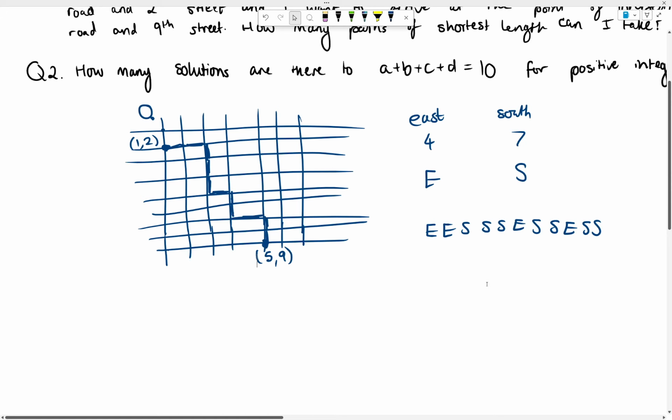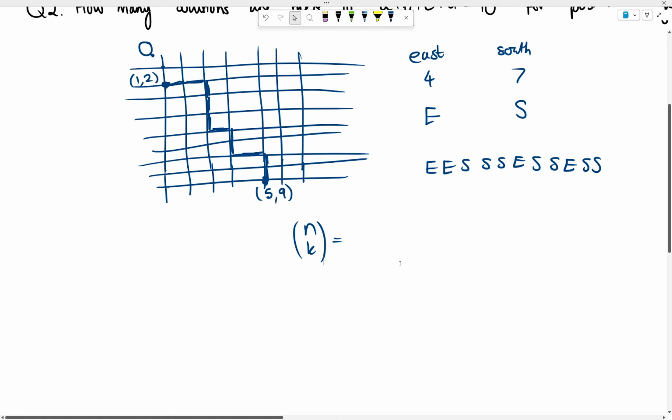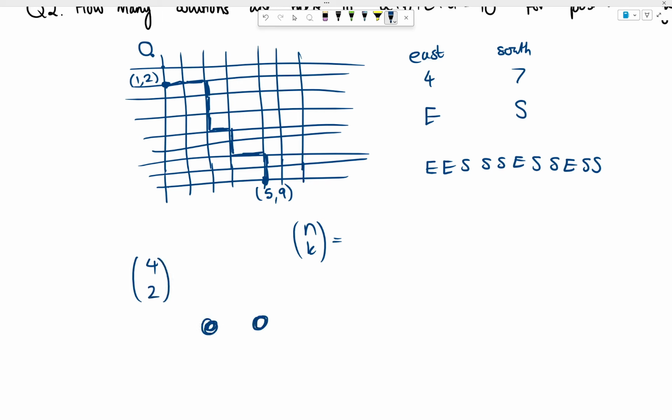Some of you or most of you will be familiar with the notation of n choose k, but for those of you who aren't, what n choose k is, is the number of ways of choosing k objects from n objects. So if I, for example, had 4 objects and I'm choosing 2 of them, I'll make them different shapes.